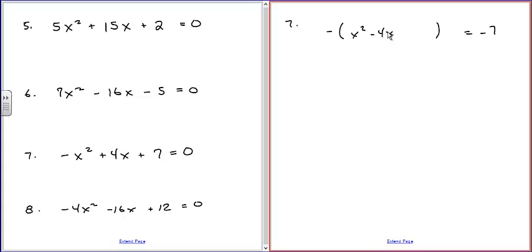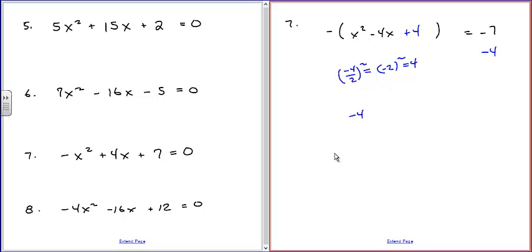Now we look at this coefficient here, -4 divided by 2, square it, that's -2 squared, which is 4. So we're adding 4 in the parentheses, but we're really subtracting 4 on the left hand side, so we have to subtract 4 over here as well to balance this -4.